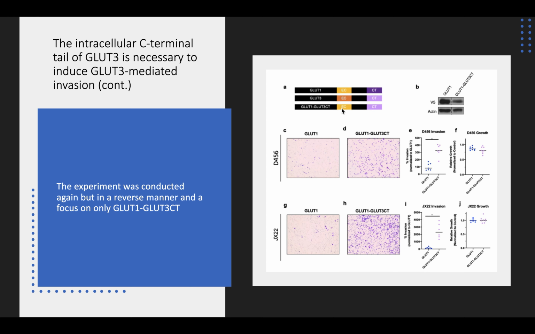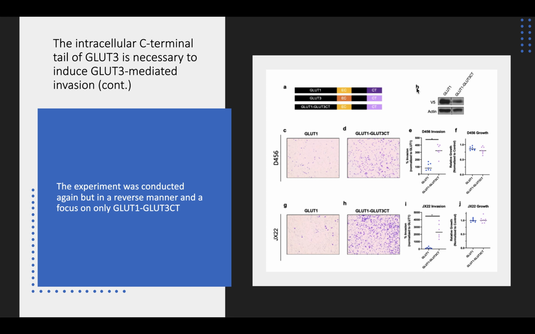So it's now GLUT1 having the C terminal end of GLUT3 to try to see if there's going to be an increase in invasion. And it was actually shown, yes, that was correct. Again, in 4B, and that was indicated in 4A, the switch of the C terminal end of GLUT3 onto GLUT1.